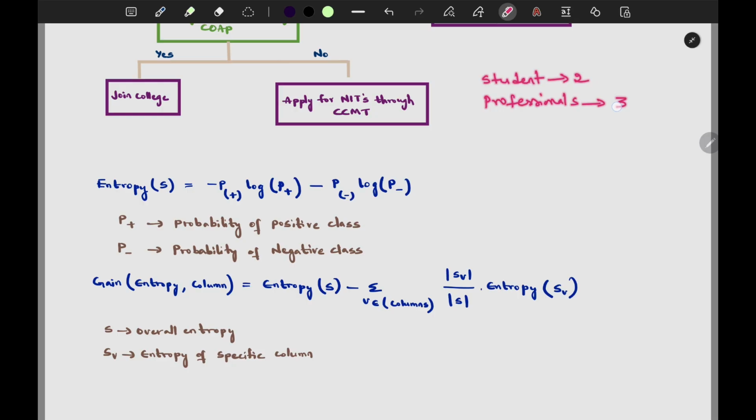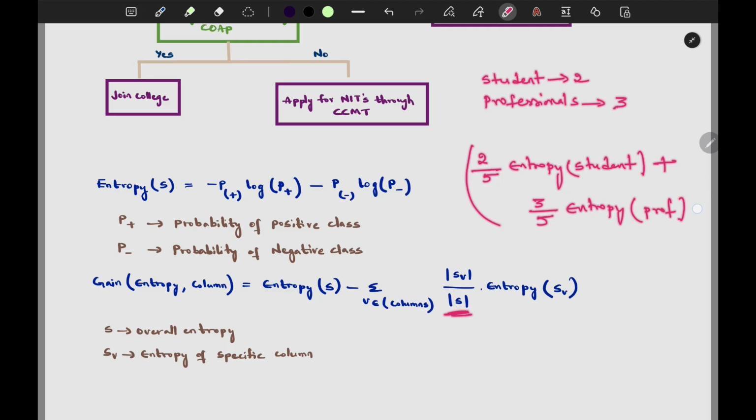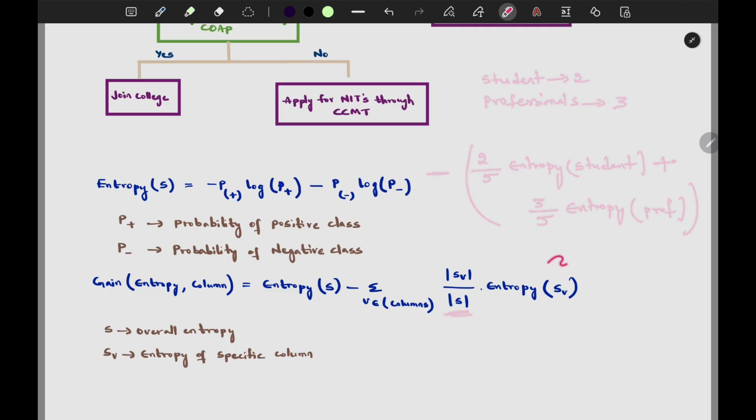So when you consider the information gain, it will be 2 by 5 times the entropy of students, plus 3 divided by 5 times the entropy of professionals. This is entirely a summation and you'll have a negation here. I will explain how to calculate this entropy and gain for the particular data set.